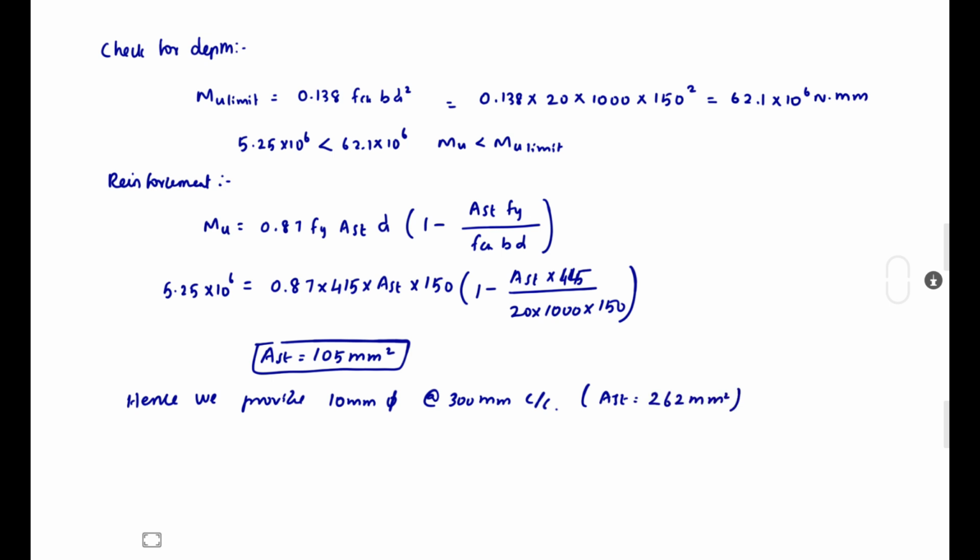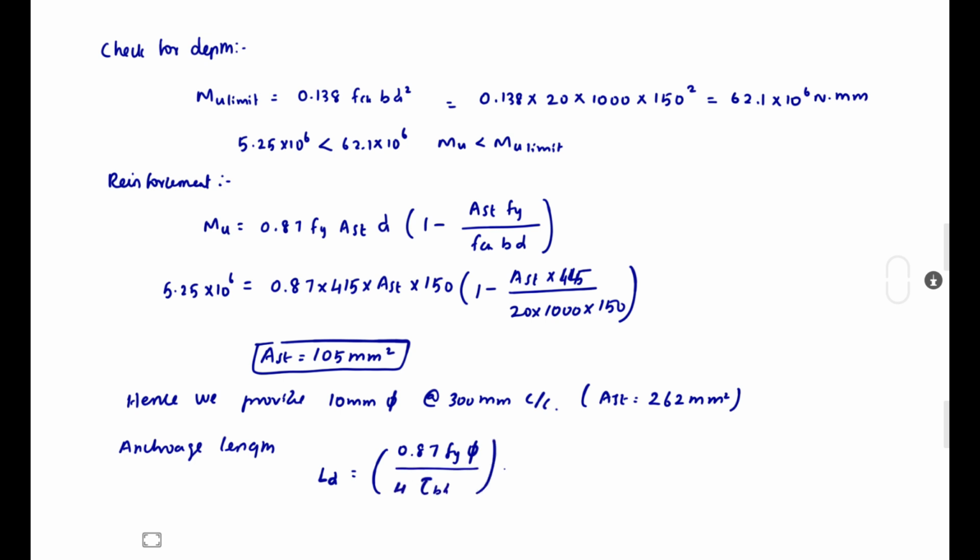Next thing is anchorage length. Now we find out the anchorage length. The formula is LD equal to 0.87 Fy into diameter divided by 4 into tau BD.